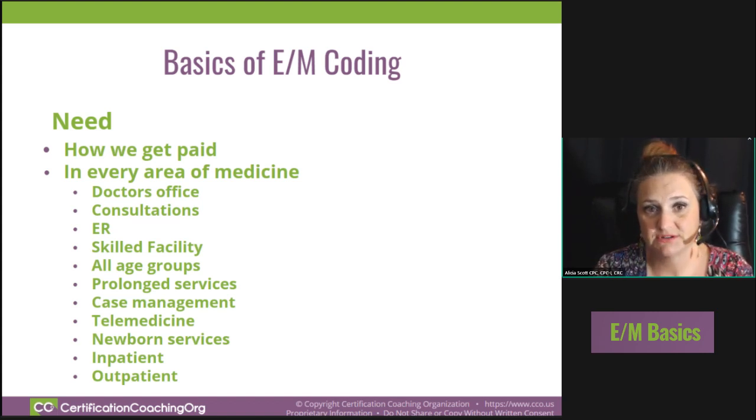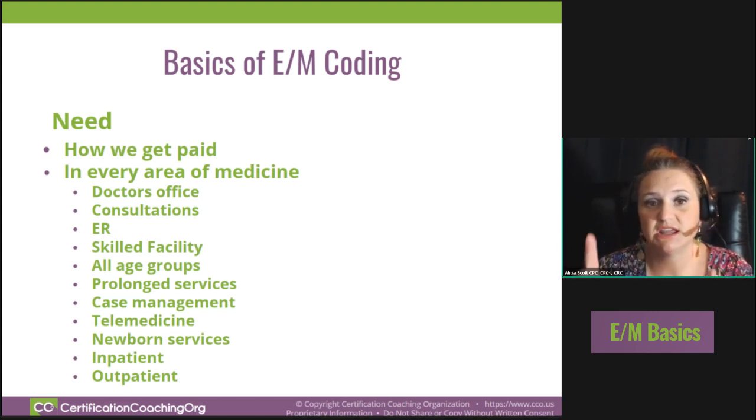E&M codes cover all age groups as well. So you can have a new or established patient, and they could be a newborn doing their first visit with a provider, like their 6-week follow-up. Or it could be a toddler. It could be all ages.